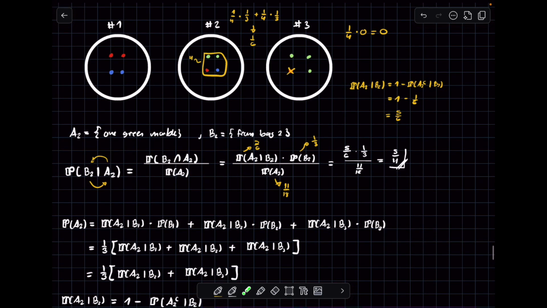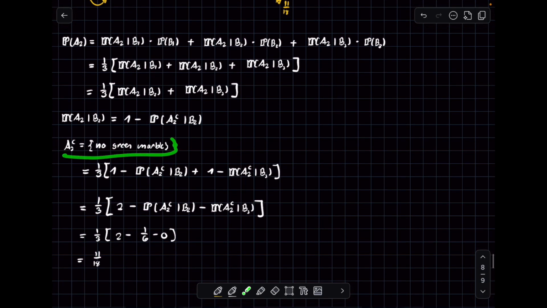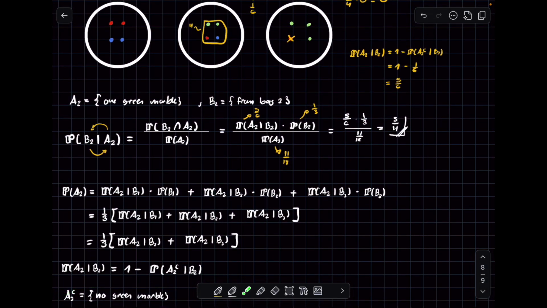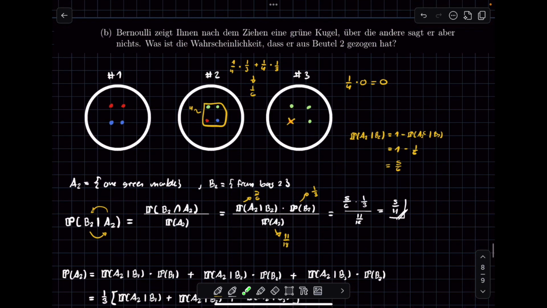In this case, we use the base formula, and we try to find all the elements one step at a time by using complements, and no green marble. And that's about it. That's pretty much how you solve this. It's a bit confusing, but I think it's doable.